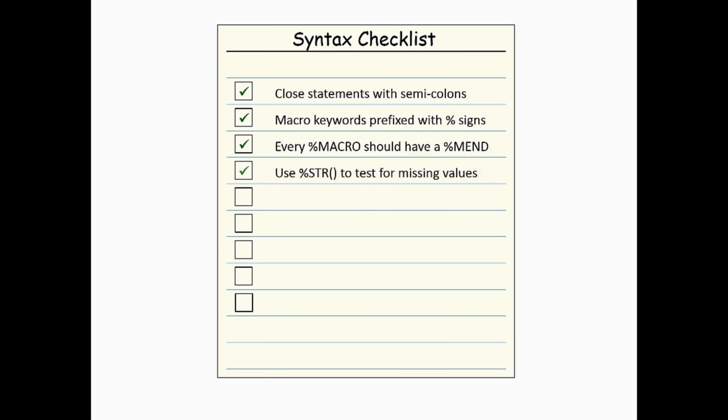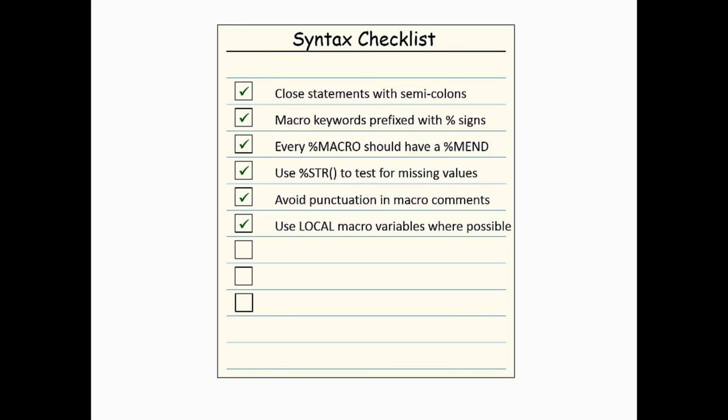Make sure to test for missing values using the %str open bracket close bracket syntax. This represents the best way of capturing missing values as part of a conditional test. Avoid all punctuation characters when typing macro comments, or in fact any comments for that reason.